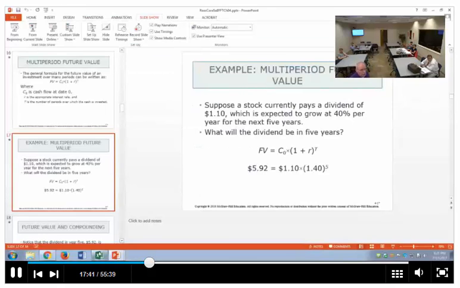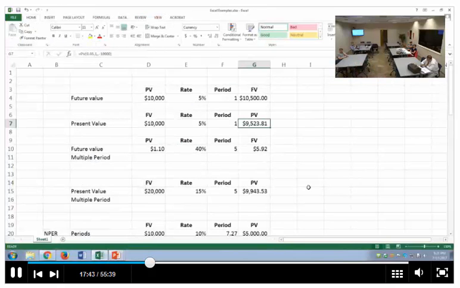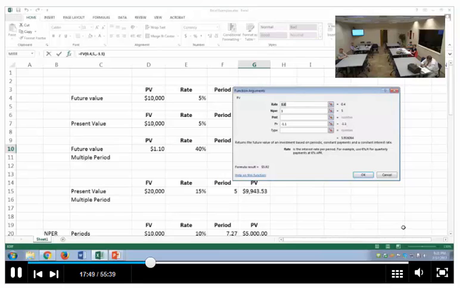Put the cursor on the 592 and then hit the function. I said the rate is 40%. That's pretty good. I don't know how many companies increase their dividends by 40% a year, but let's go with it. So I input the rate. It's 40%, so it's 0.4.